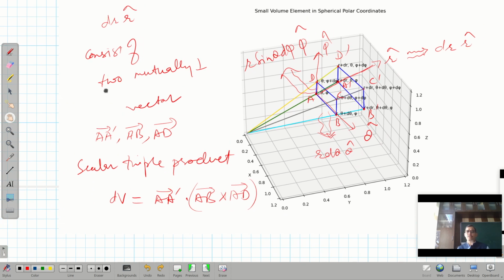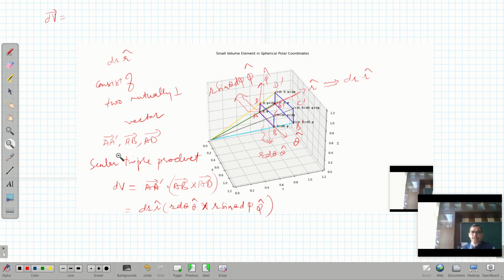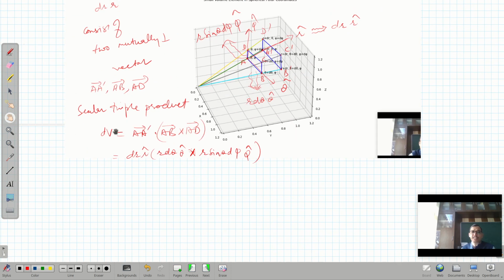So let me put their values here. It will become dr r cap and r d theta, theta cap, cross r sine theta d phi, phi cap, and let me do a little algebra now.